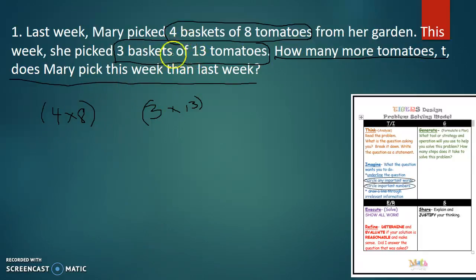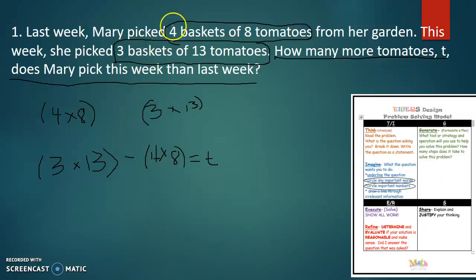I need to have my greater quantity first. So I'll actually put the 3 times 13 first for my problem. Minus 4 times 8. And that will equal T.